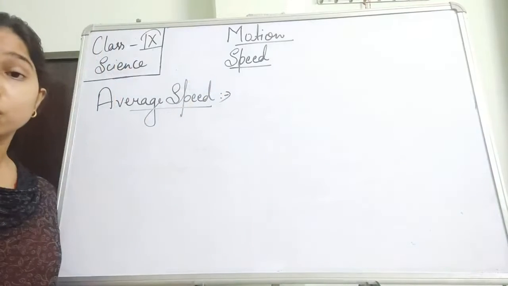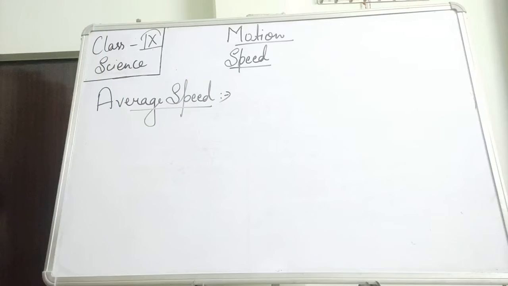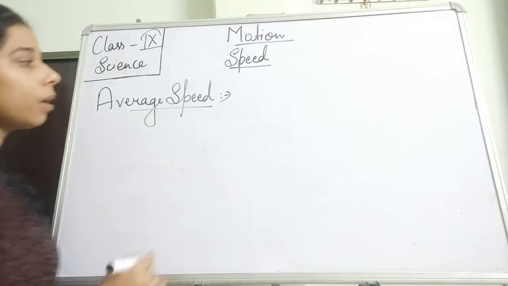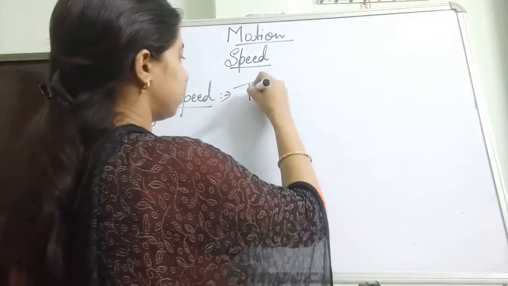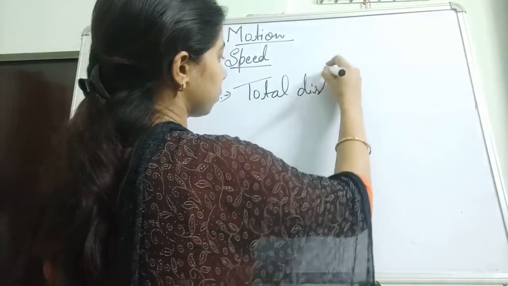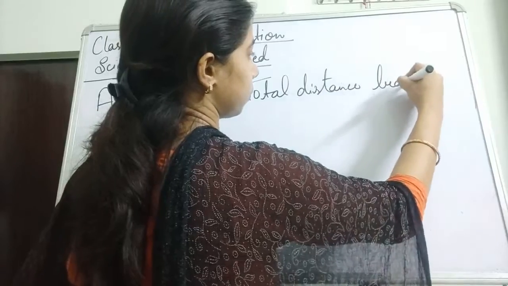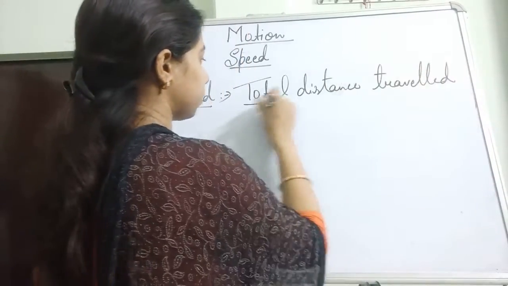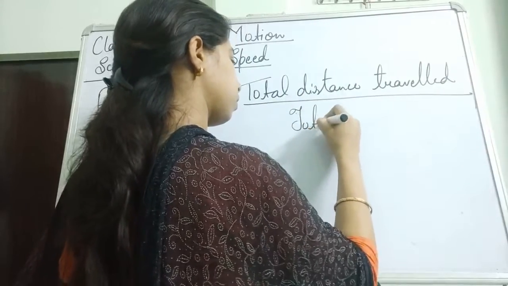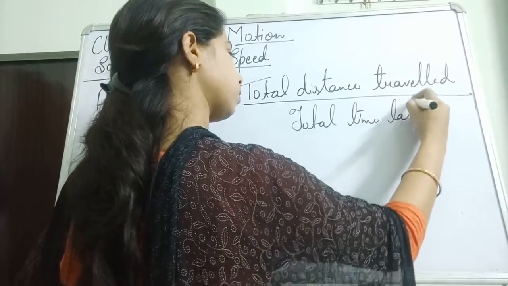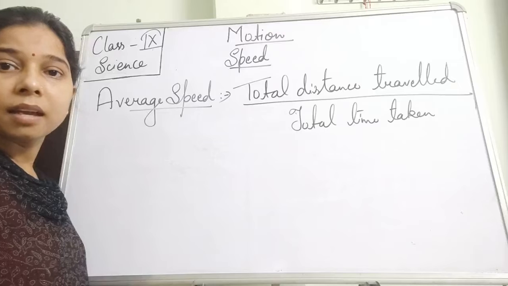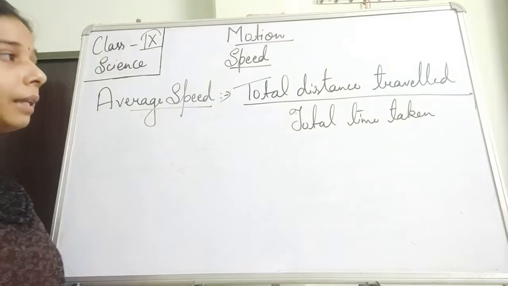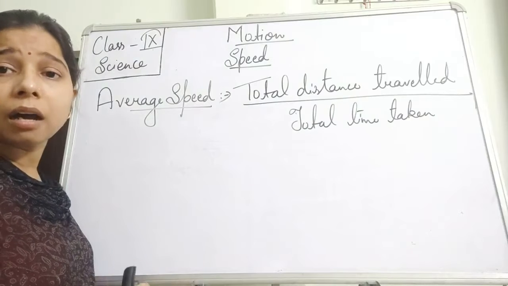It is the total distance travelled by an object upon the total time taken. That is the average speed.